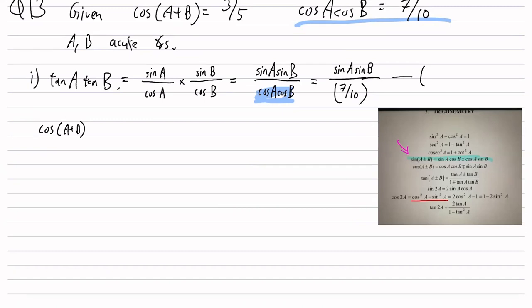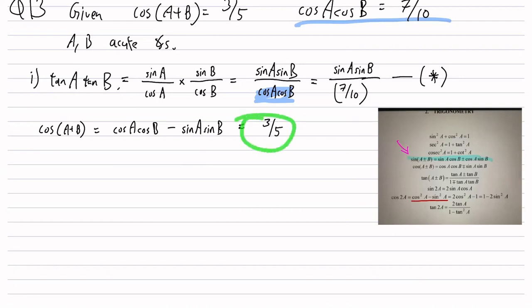I'll draw a line, open bracket, put an asterisk here, close the bracket. And then I proceed to cos A plus B equals cos A cos B minus sine A sine B. Sometimes when I'm lazy, I will just write down CA CB minus SA SB. But I'll try not to do that during lesson. I do that personally when I'm trying to do things fast. You can maybe do that as well if you're rushing for time.